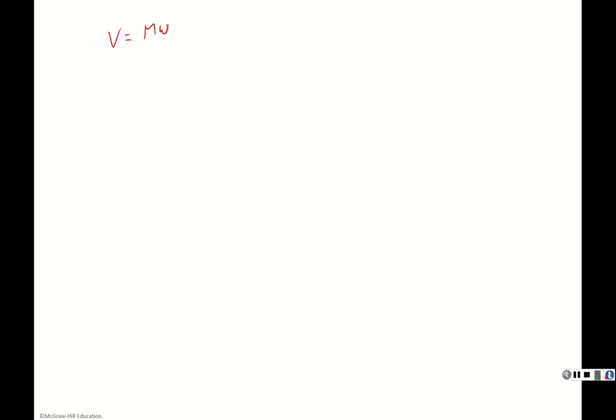So if we do molecular weight divided by density, something like 137.3 grams per mole divided by the density, 3.62 grams per cubic centimeter, we get 37.9 cubic centimeters per mole.